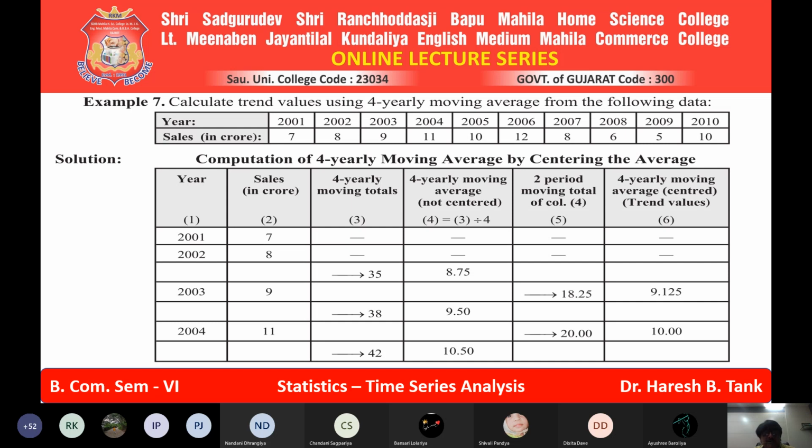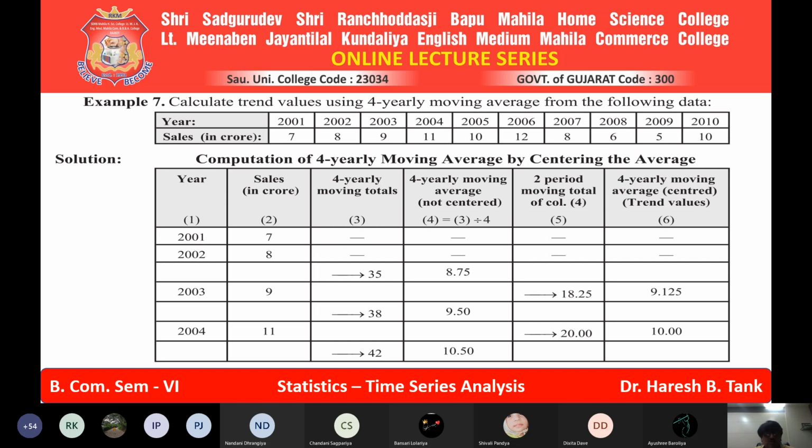Calculate trend values using 4 yearly moving average from the following data using this second method. First of all, make 2 columns. Consciously put a blank line in between the years while writing the year column.